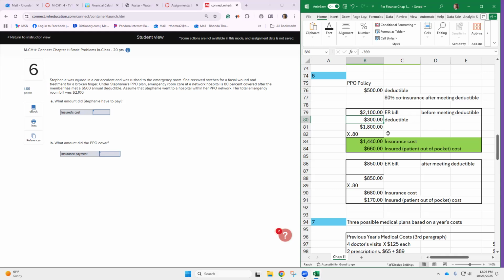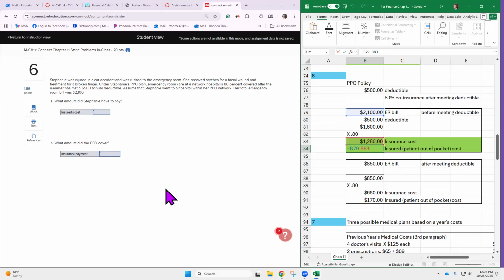Now we want to subtract the deductible, and this is where they want both sides of who's paying what. So when we deduct the $500 deductible, we get $1,600. The insurance then will pay 80%, and then the insured will pay the rest.